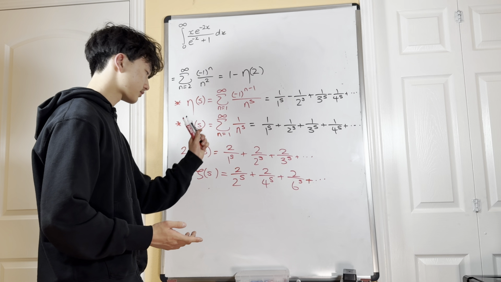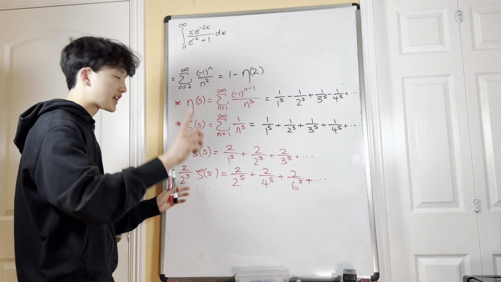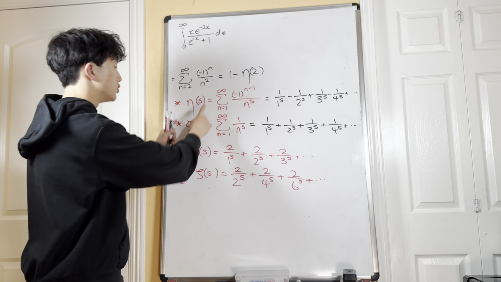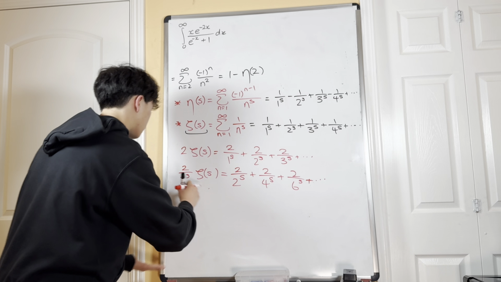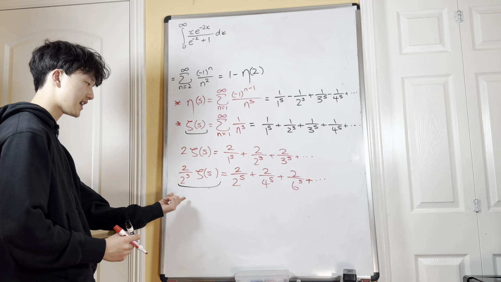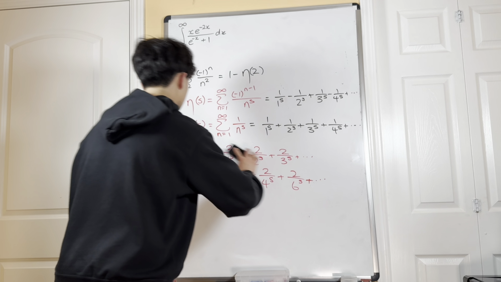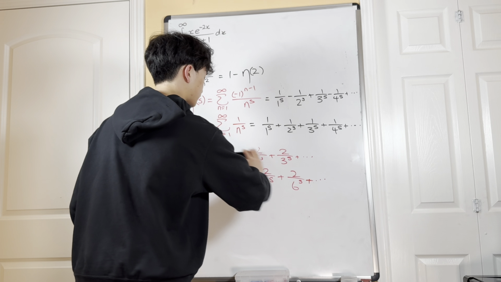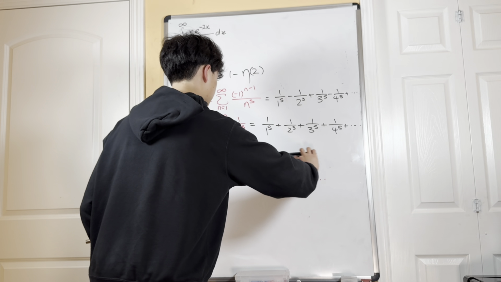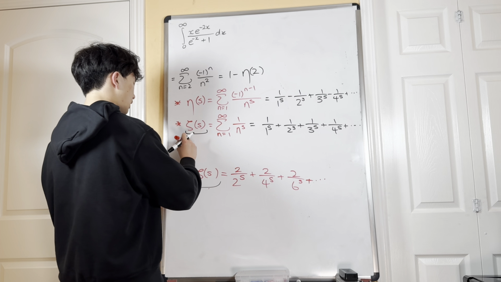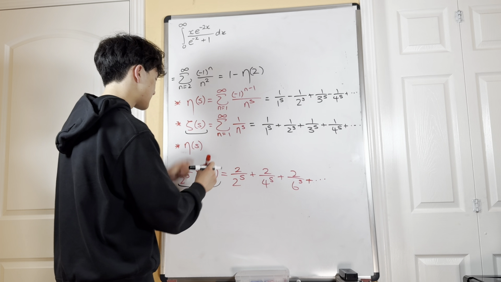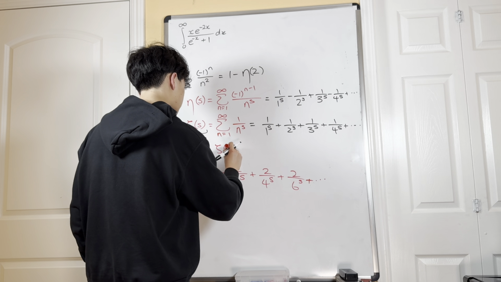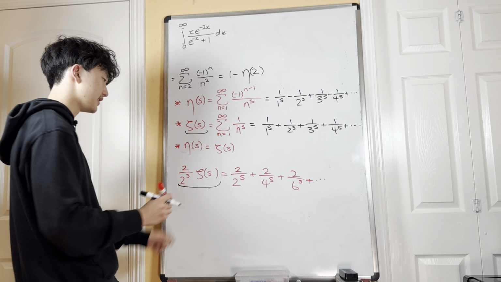Earlier we saw that to get the eta function, you take the original zeta function and then subtract off this sequence right here, which we found was 2 over 2 to the s times zeta of s. So we made the connection that if you want eta of s from zeta, you take this guy and from it subtract this.